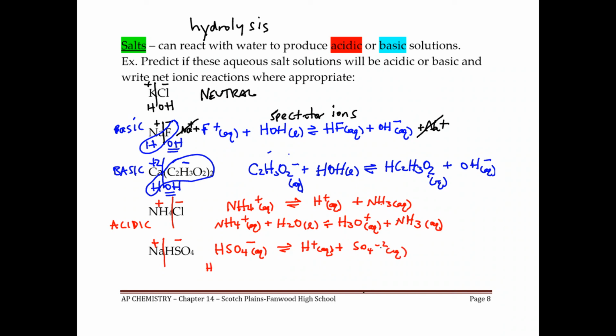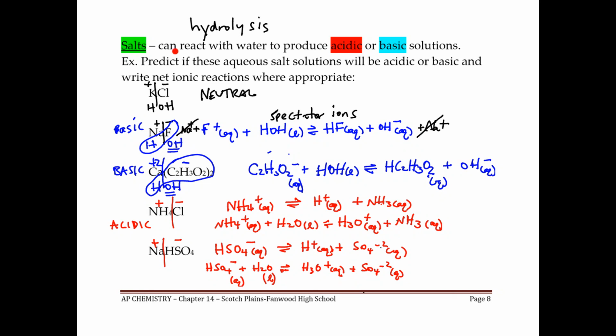And if you prefer to write that with water, then you could write HSO4 minus plus water yields H3O plus and sulfate. Either way you want to write this is fine. And that would make the solution acidic.